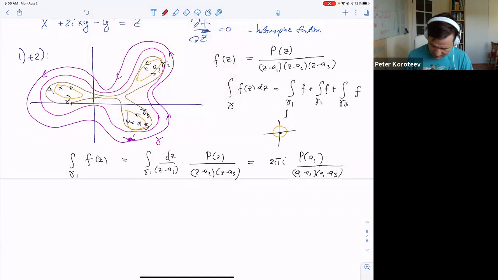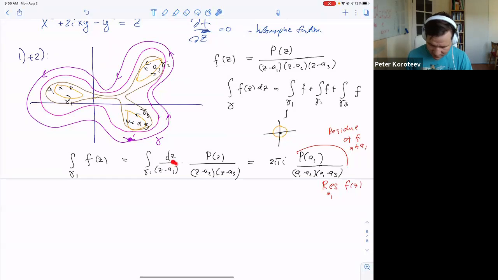So this expression is called the residue of f at a1 and denoted as res at a1 of f of z. So what is the residue?